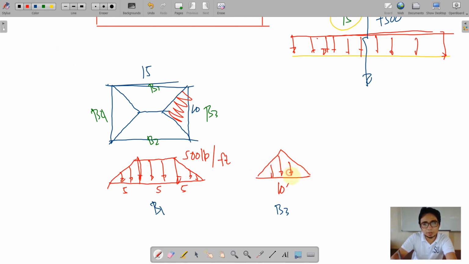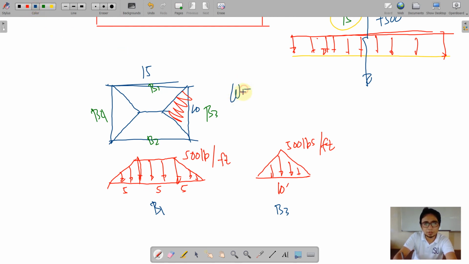Okay, this is 500 pounds per feet. Okay, so the shortcut method here is simply to multiply the pressure.